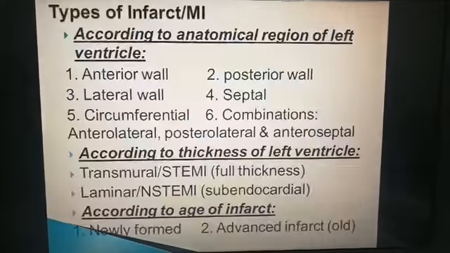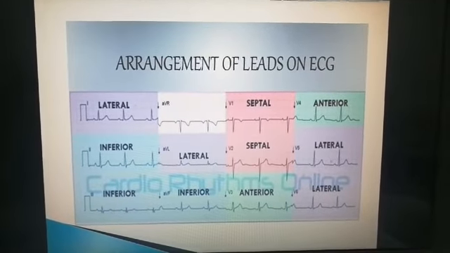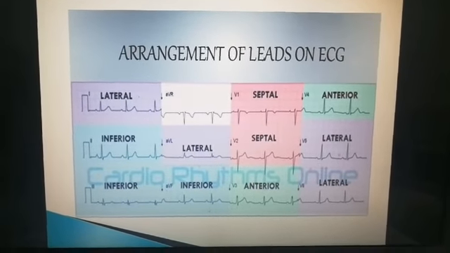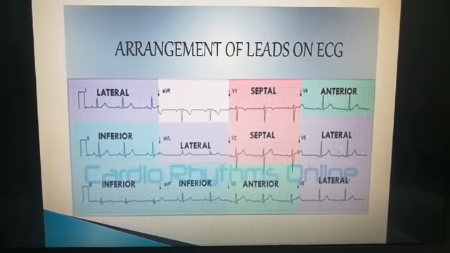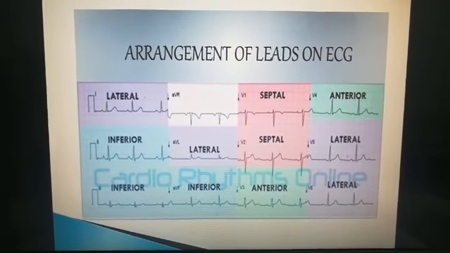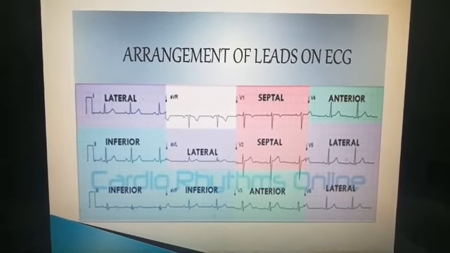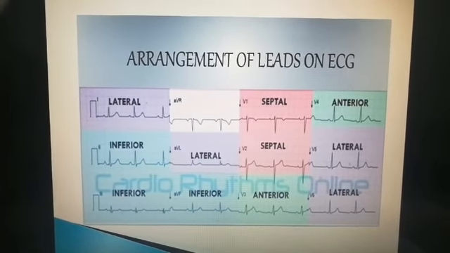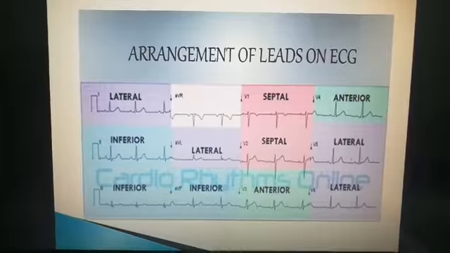Firstly, the anatomical region of the left ventricle. You can see here the leads of the ECG, and these leads show the area of the heart. Each lead depicts a different area of the heart. As you can see here, lead 1 shows the lateral part of the ventricle.